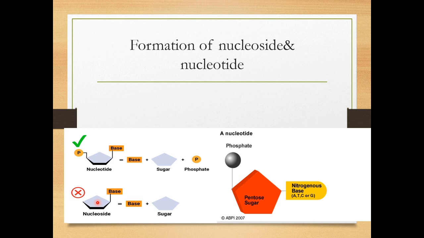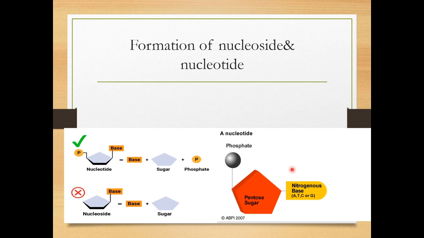So sugar plus base is called a nucleoside. That combined with phosphate means what? A nucleotide. So a nucleotide has three components: a sugar, base, and a phosphate, while a nucleoside has only sugar and nitrogen base. There is no phosphate here.